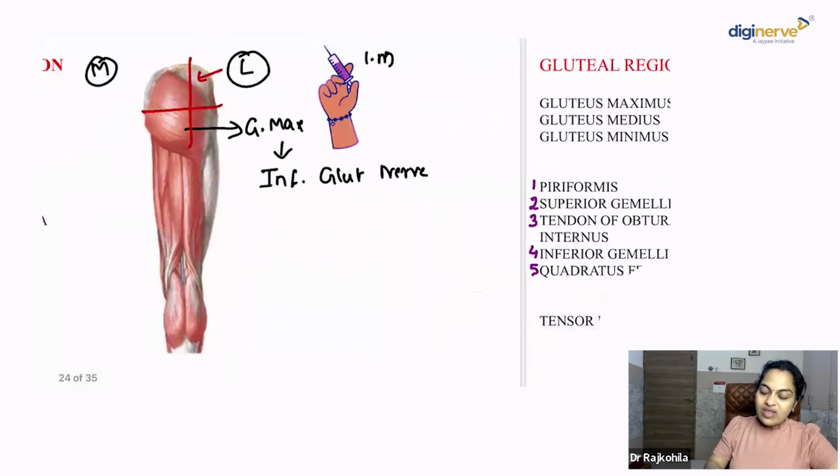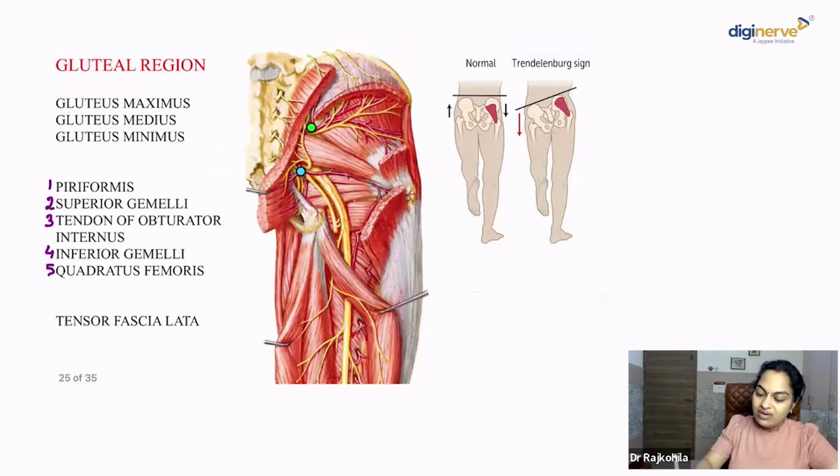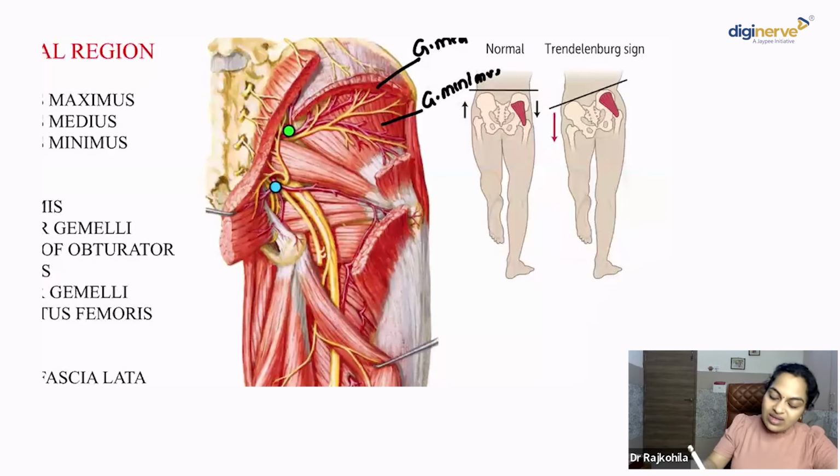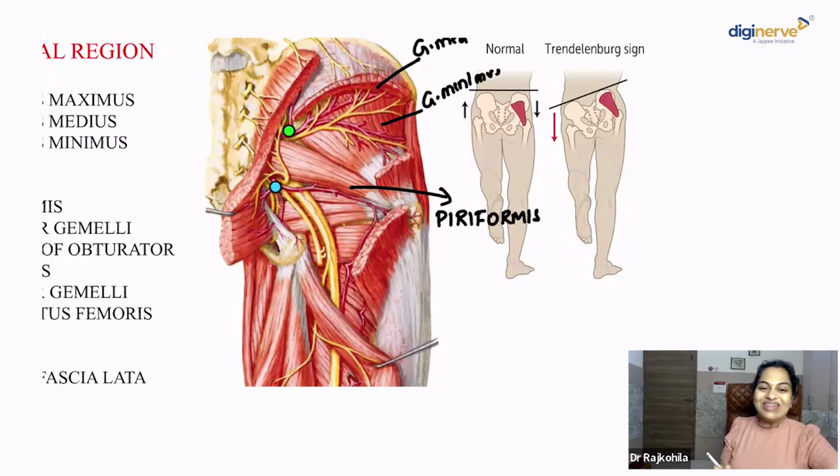Okay. Once the gluteus maximus is cut and reflected, underneath it you can see the gluteus medius muscle with the overlying gluteal aponeurosis. This is gluteus minimus. Below the gluteus minimus, in the same plane, is the key muscle of the gluteal region, the piriformis, right?